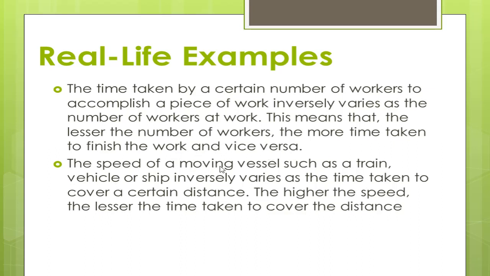The speed of a moving vessel, such as a train, a vehicle, or a ship, inversely varies as the time taken to cover a certain distance. The higher the speed, the lesser the time taken to cover the distance. So our objective is to apply inverse proportion in our real life.